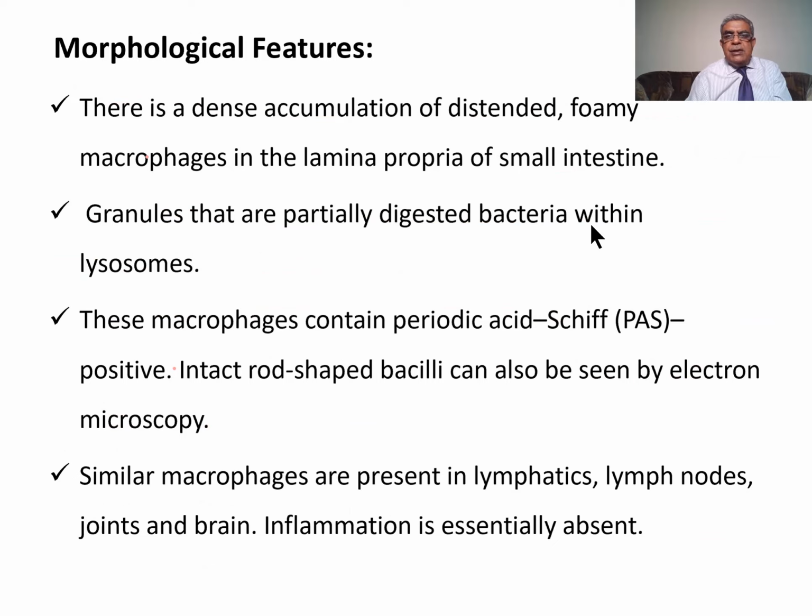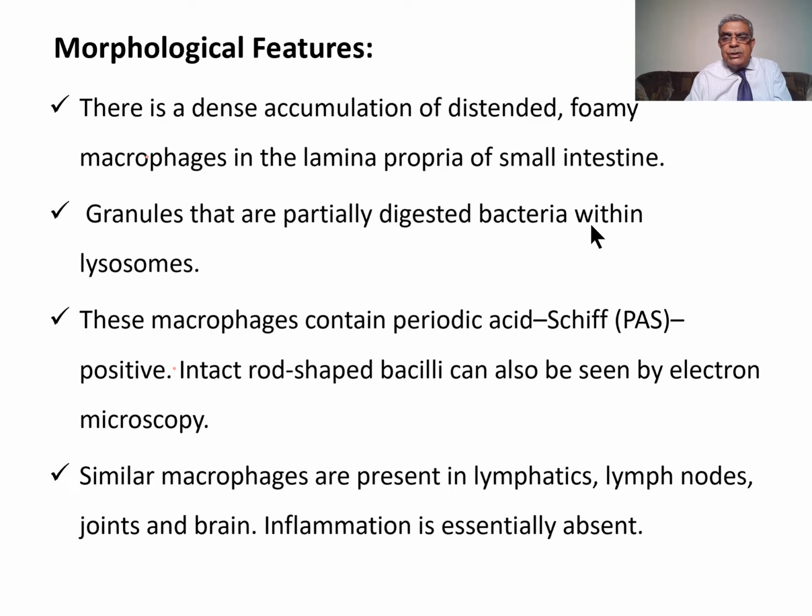Morphological features: there is dense accumulation of distended foamy macrophages in the lamina propria of small intestine. Granules are partially digested bacteria within the lysosomes. These macrophages contain PAS positive products of bacteria.